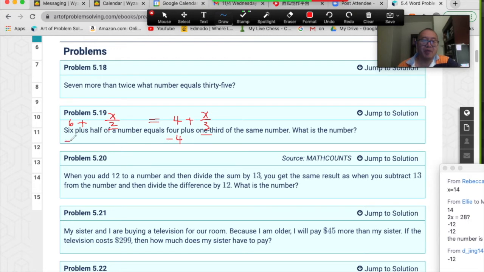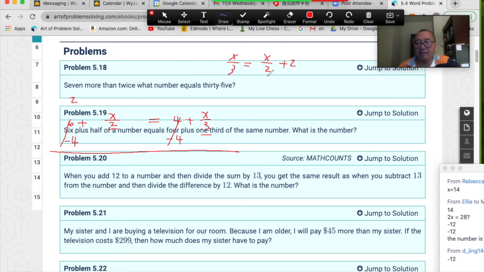Remember, when I tell you, if you do something on one side of the equation, you also need to do exactly the same thing on the other side of the equation. So 4 minus 4 cancels out. 6 minus 4, here you get 2. So this equation simplifies to x over 3 equals x over 2 plus 2.